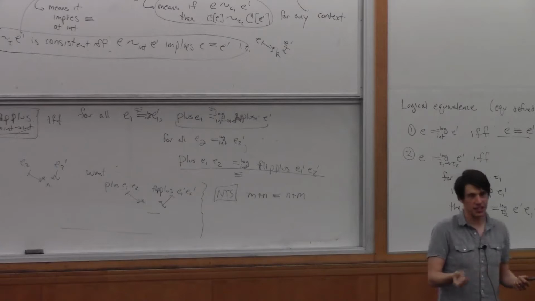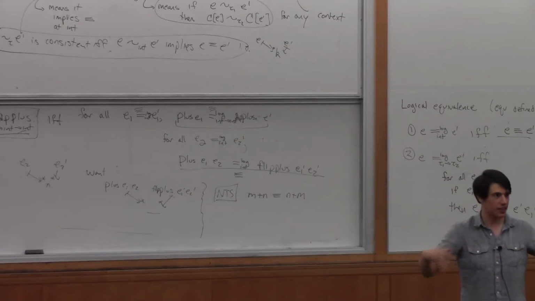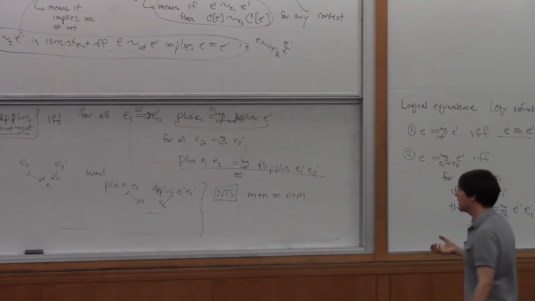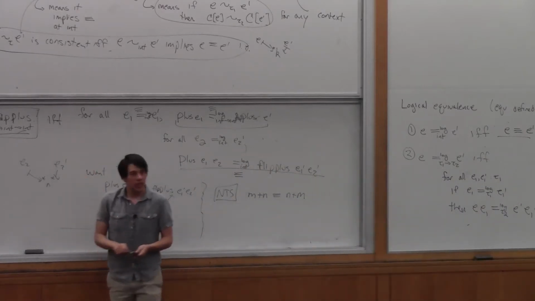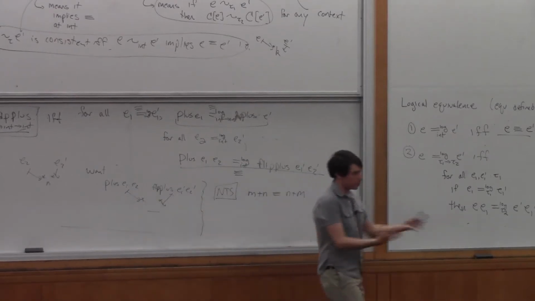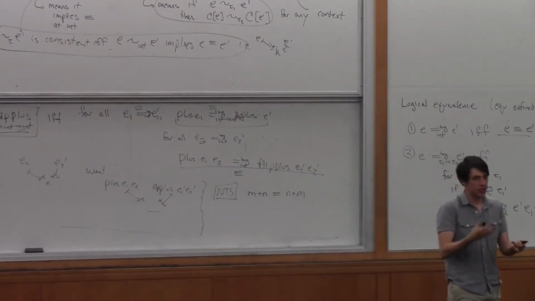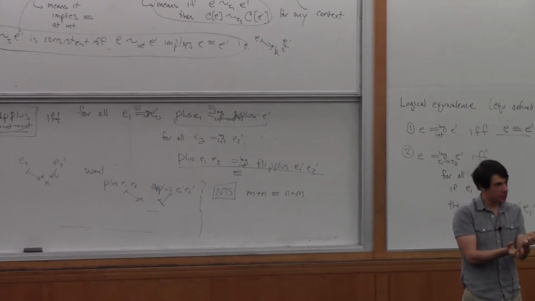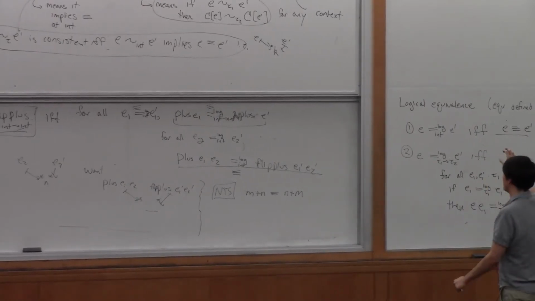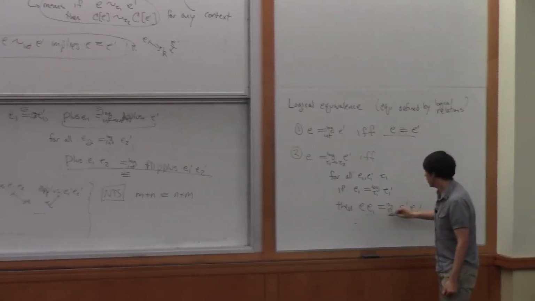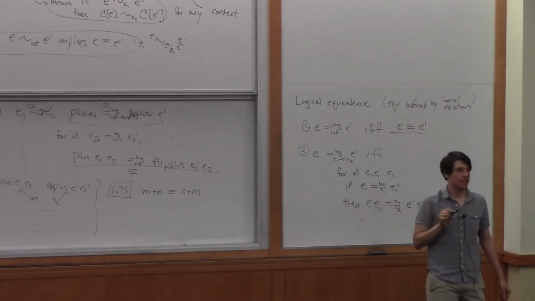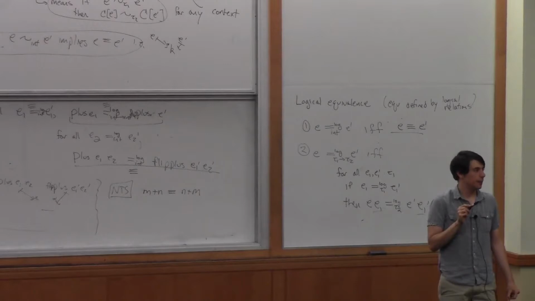Over the course of the next couple of weeks, we'll see how this scales to much bigger examples. We have a good way to show that two programs are equal without solving all possible problems at once. We just do it for some very small contexts, because logical equivalence says, depending on the type, you only need to check certain contexts.